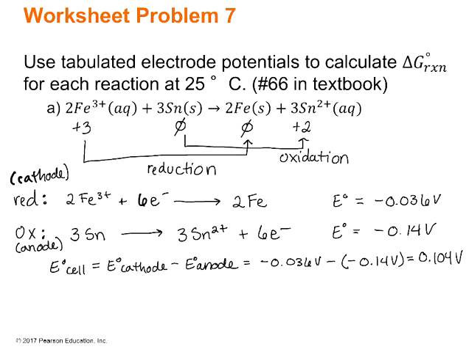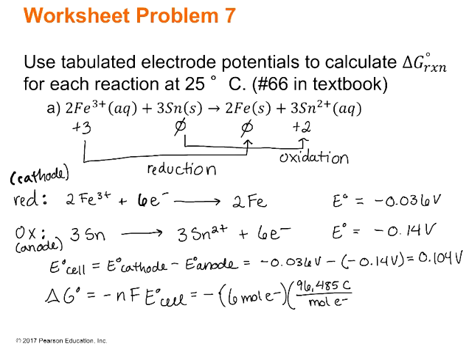Okay, so now let's calculate delta G. So negative nFE cell. The number of electrons is 6. And then Faraday's constant, 96,485 coulombs per mole of electrons. And then the E cell value is 0.104 volts. If we plug that into our calculators, we should get a negative value because there's only one negative sign there.